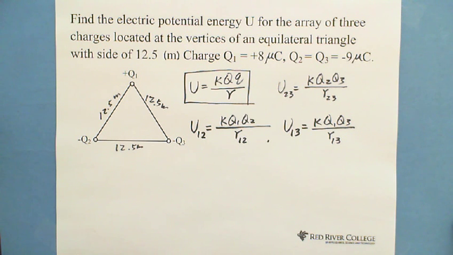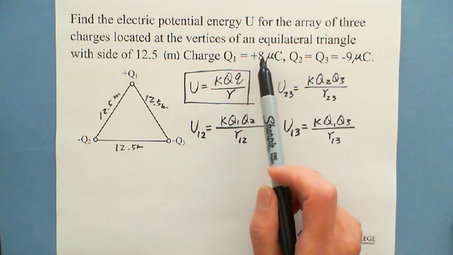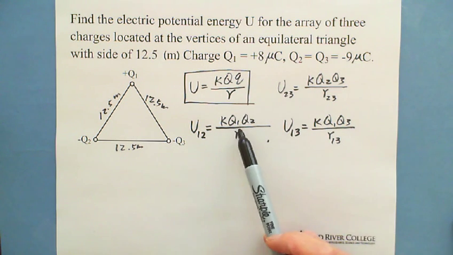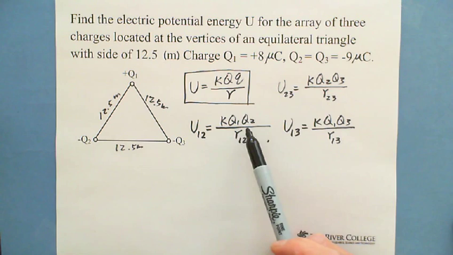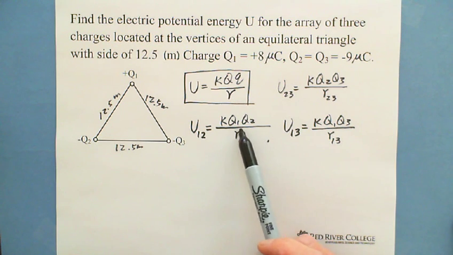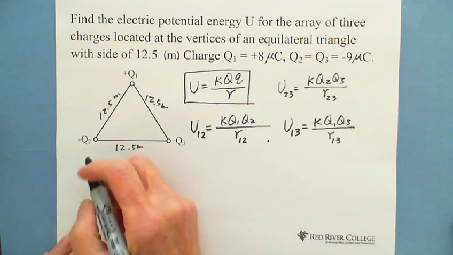But we still have positive and negative, because positive or negative just describes whether the electric field force is doing work or an external force is doing work. That's why we use positive or negative charges when we do the calculation.